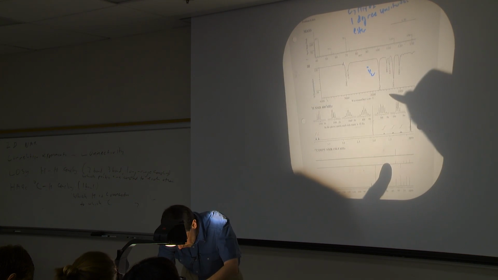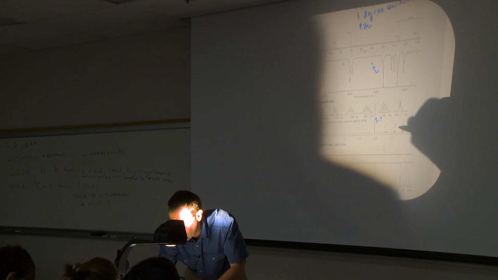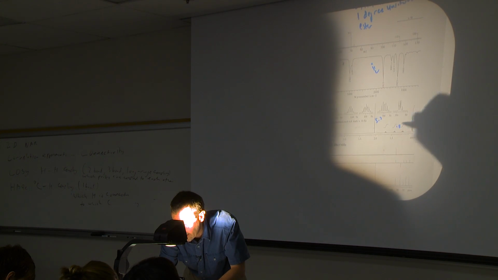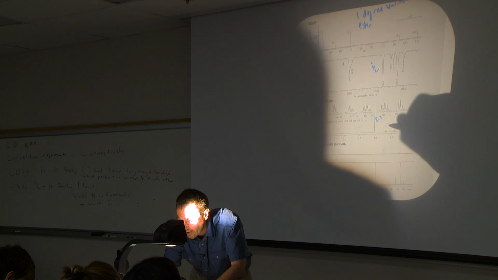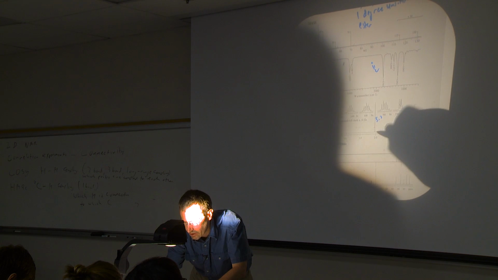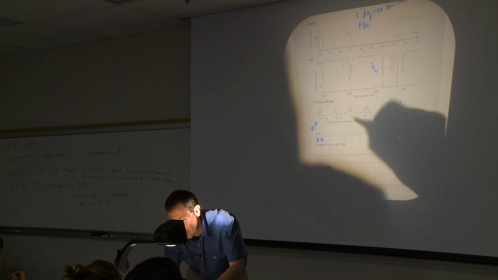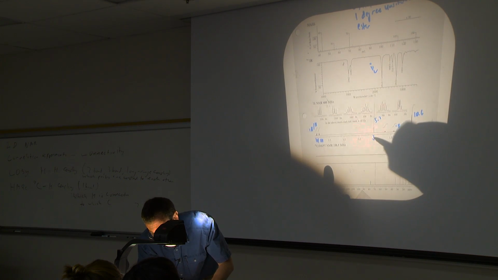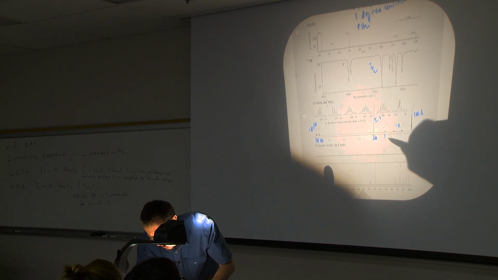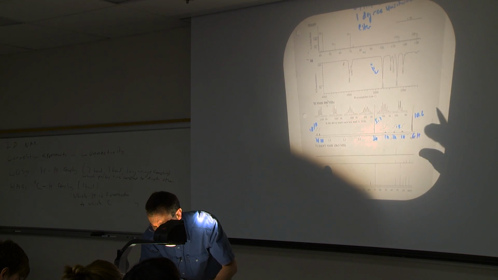Those are just the rise of the integral as measured with a ruler. So it's about 1.8 per hydrogen. In other words, this ends up being 1 hydrogen, 1 hydrogen, 3 hydrogens, 1 hydrogen, 1 hydrogen, 1 hydrogen. That ends up being 6 hydrogens.